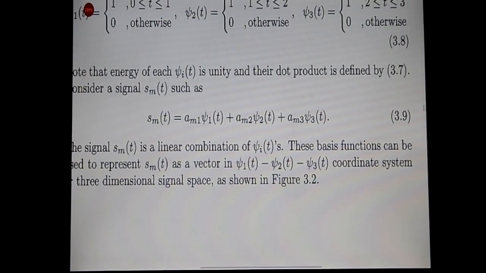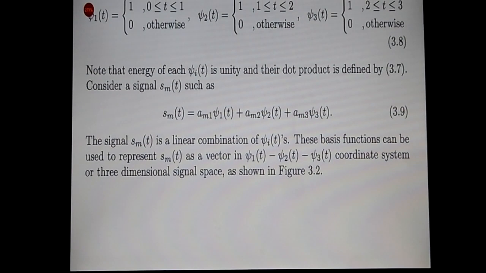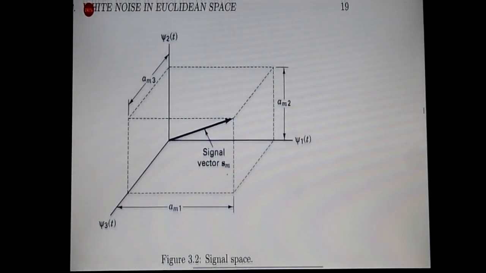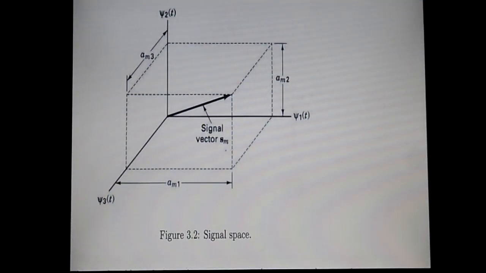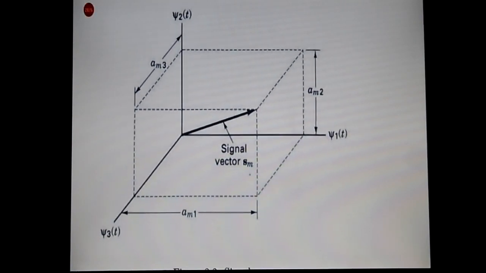Sm of t is am1 psi 1 of t plus am2 psi 2 of t plus am3 psi 3 of t. So this is the linear combination, and if you see the vector of this signal as a vector in this three-dimensional space, you can view it in this figure.